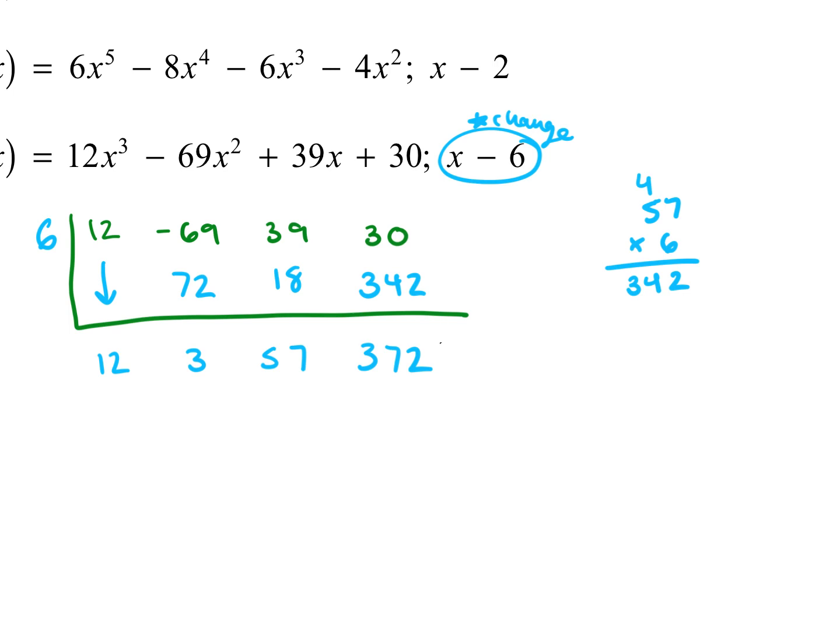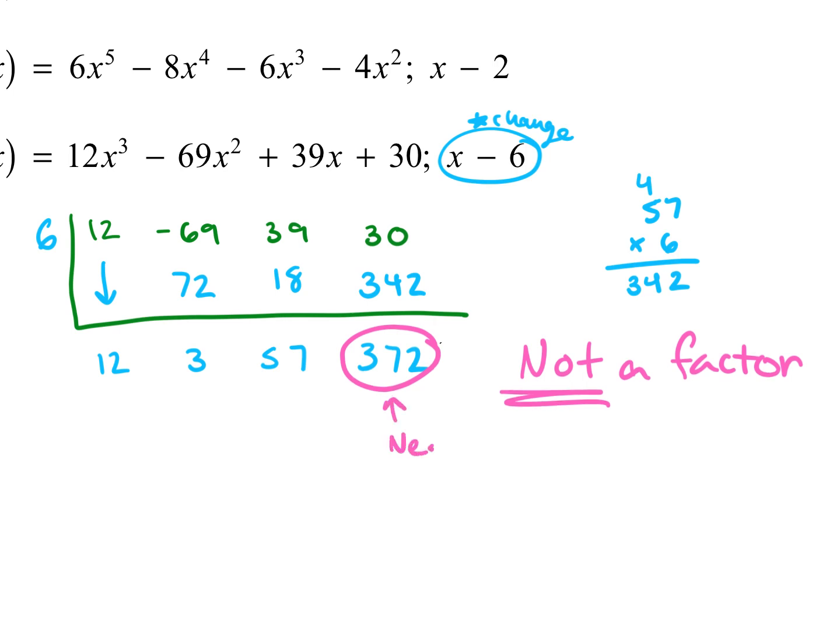What do we need to know? What has to be 0? The remainder has to be 0. Is the remainder 0? So what would this be? Not a factor. Yep, not a factor. If it is 0, then it would be a factor. So you would say, yes, a factor. So kind of just yes or no here. Remember, this needs to be 0.